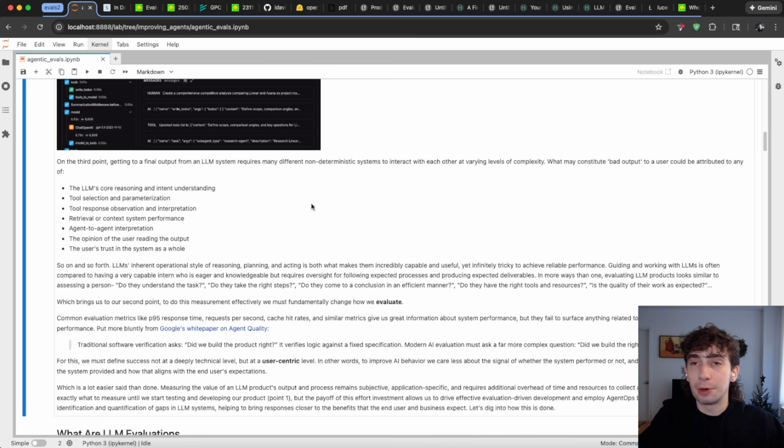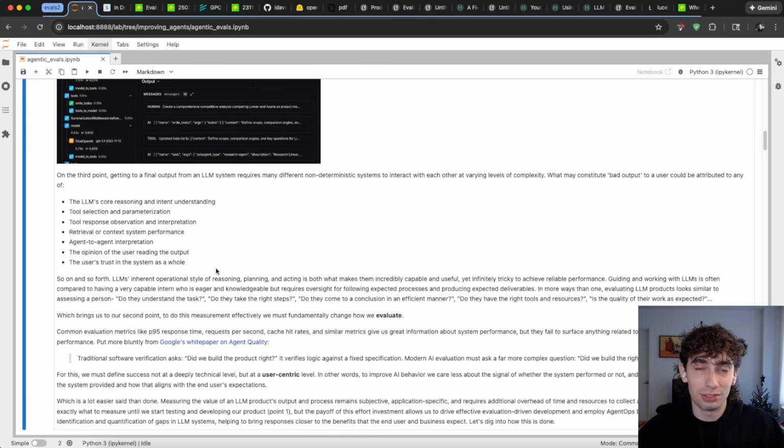So from input of your prompt through your system to the final generated action or output, any sort of bad output could be attributed to something like the language model's core reasoning and intent understanding of the prompt, the way that it selected and inputted its various keyword arguments into the tools, how it actually observes and interprets the responses back from any given tools, your RAG or retrieval or context engineering based performance, if you're in a multi-agent system, whether or not these agents are effectively communicating and interpreting the output from each other, the opinion of just the flat out user who is reading the output or looking at the action of the system, as well as the user's trust in this system and application as a whole.